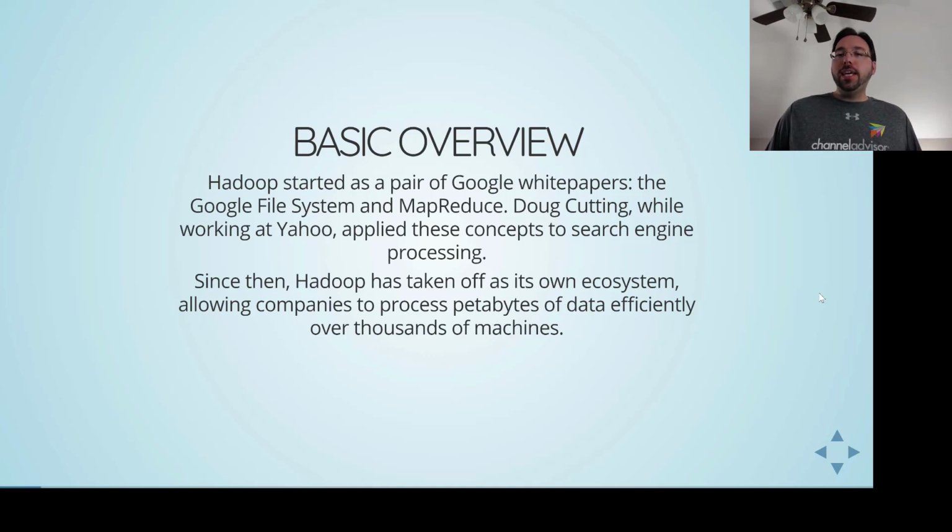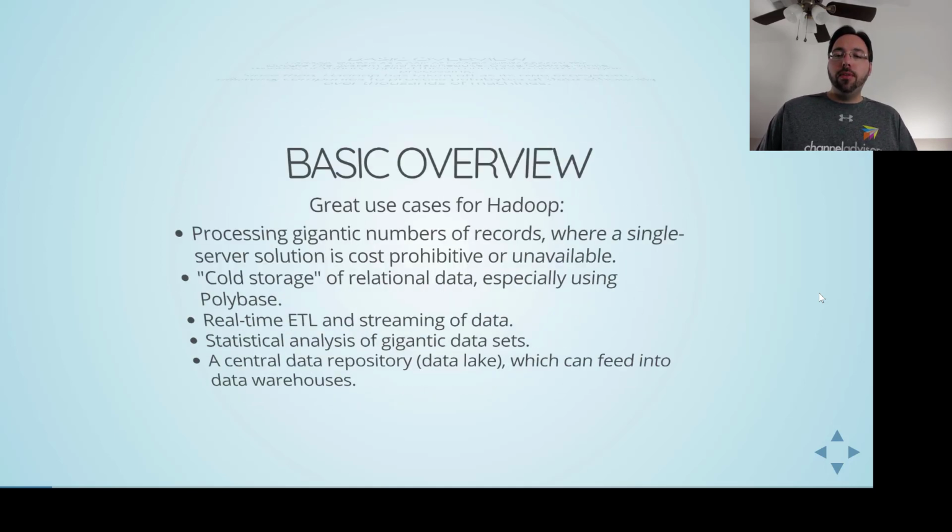So these techniques that Google was coming out with fit pretty well with what Cutting needed to solve. And so at Yahoo, they developed an actual implementation and open sourced it as Hadoop. Since then, it's taken off and become pretty popular among a number of larger tech companies, and then it's moved into a space for larger corporations and getting into medium-sized corporations as well.